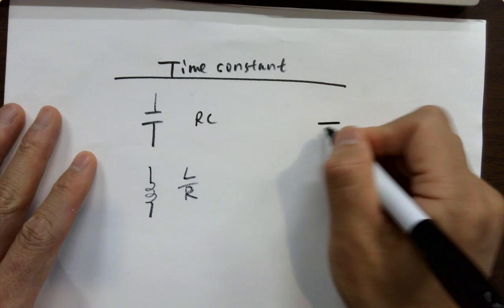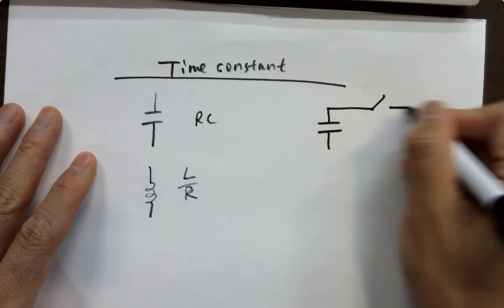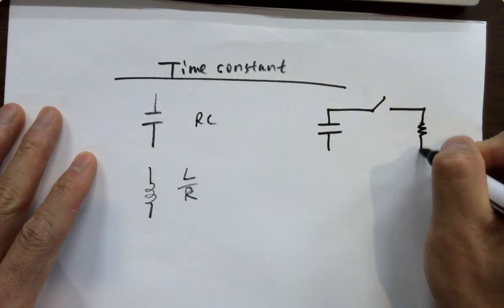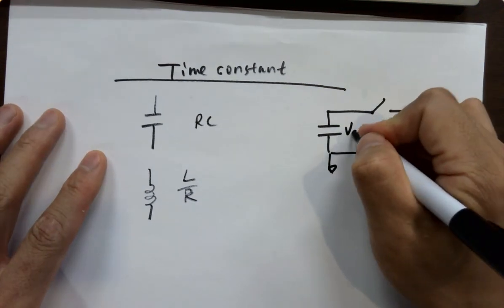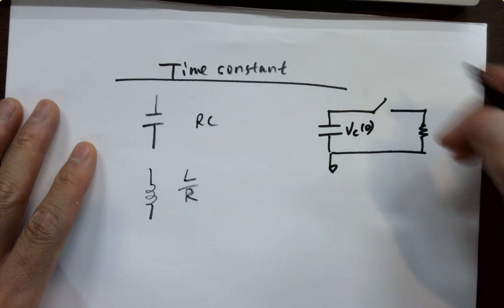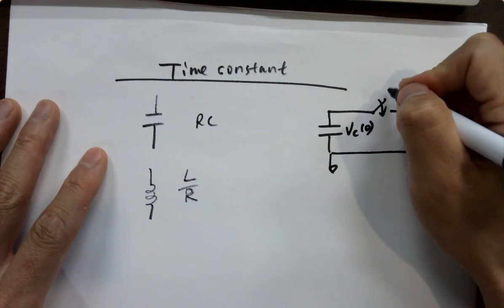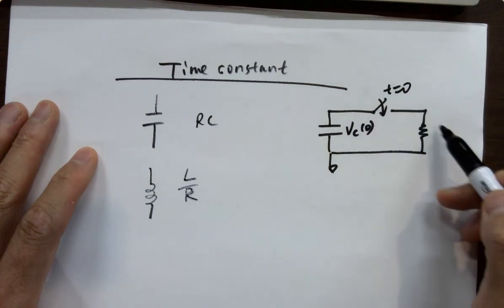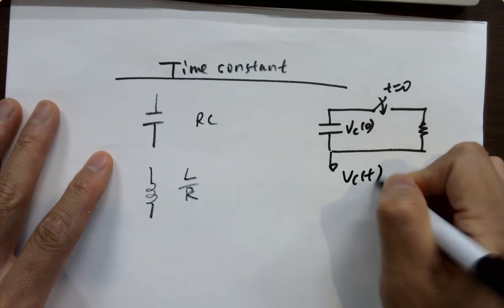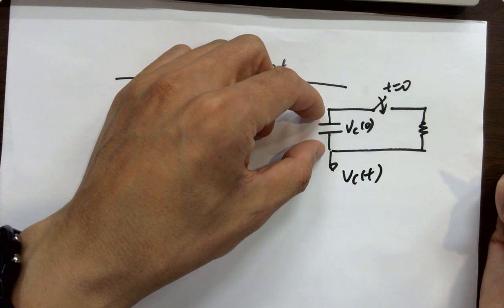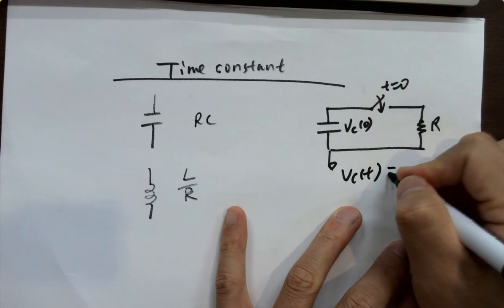What is it? So if I got a capacitor discharging through a resistor, it has a VC0 on it at the very beginning, stored in there. At t=0, you close the switch and start discharging through the resistor. And that VC(t), the voltage across the capacitor over time, will be what?